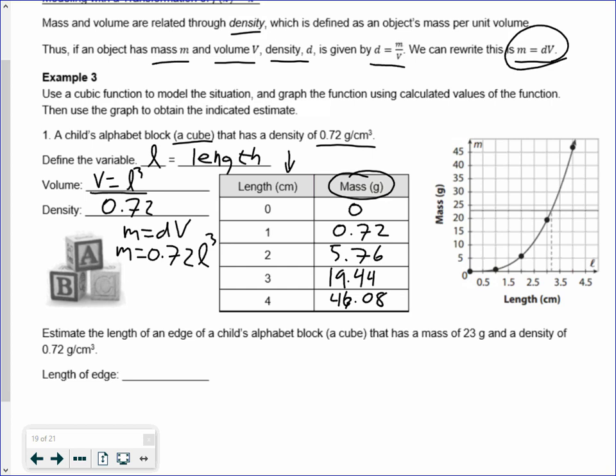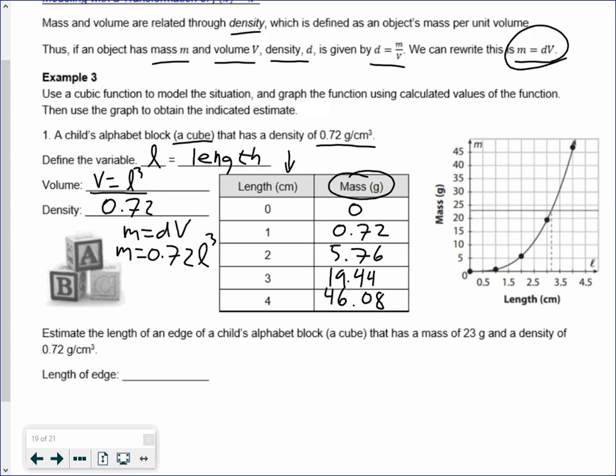So 46.08, to be clear. There we go. So that's what my table is going to be. That's what you get when you plug those lengths into your formula. Those are the masses that we get when you have a density of 0.72.